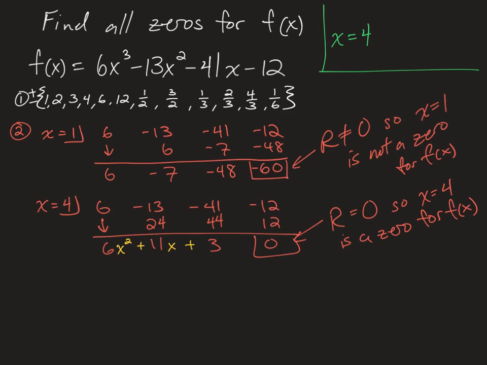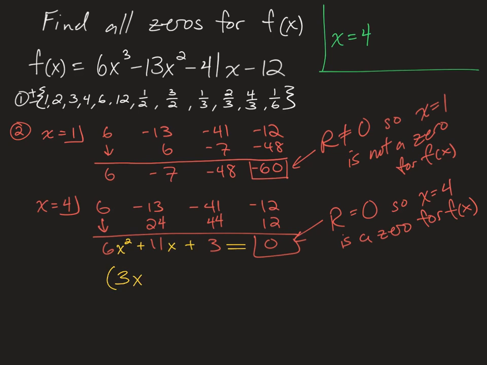So what do you do? You solve this quadratic. What do you mean solve? It's not set equal to anything. You just imagine there's an equal sign right here. It's equal to 0. Since we're trying to find zeros, we're going to set that quadratic equal to 0. So when you do that, you can solve by factoring, or you can solve by the quadratic formula. This factors, so I'm going to use factoring.